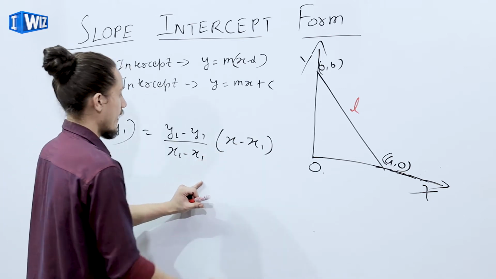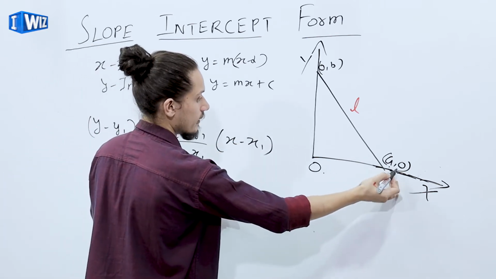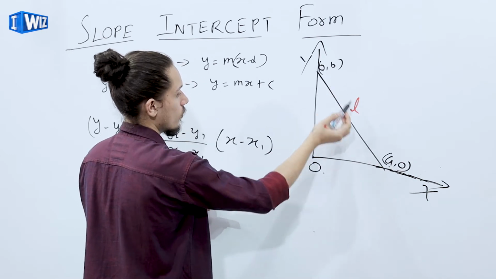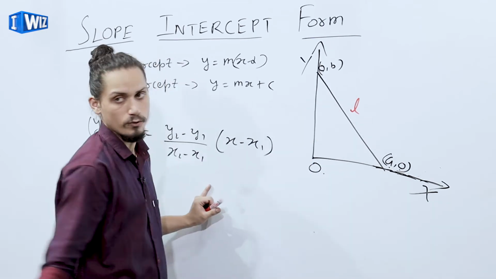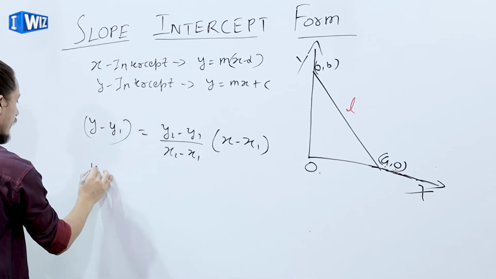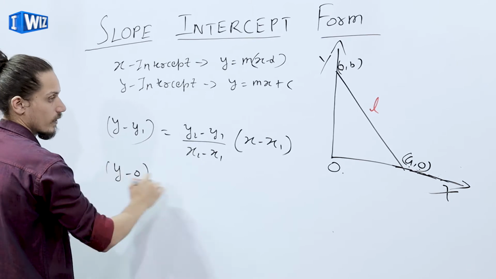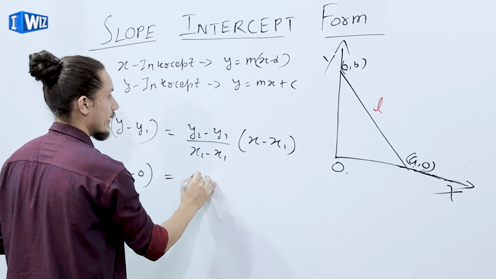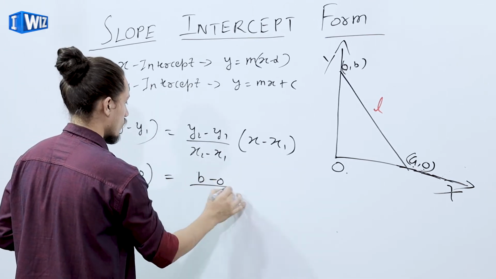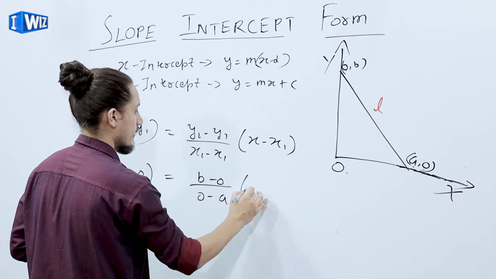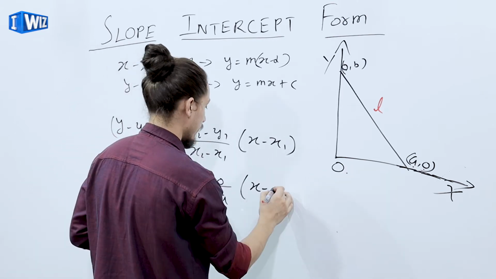In this case x1 is equal to a and x2 is equal to 0 and y1 is equal to 0 and y2 is equal to b. So we get y minus 0 is equal to b minus 0 upon 0 minus a into x minus a.